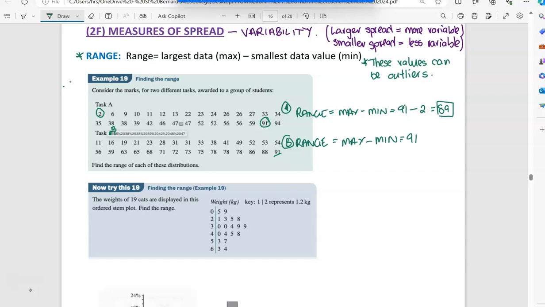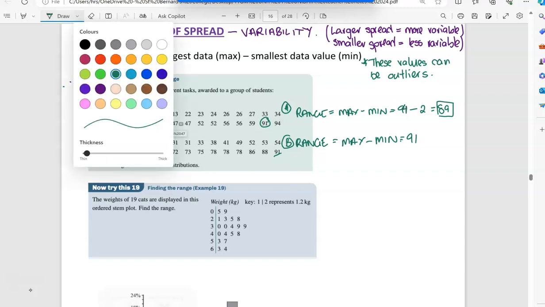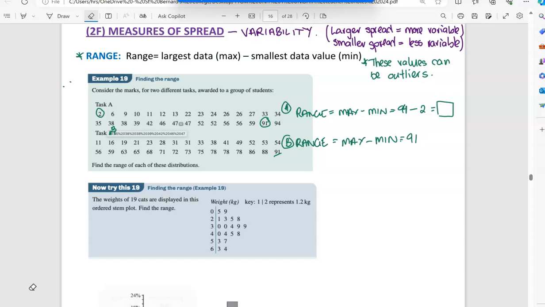Oh, sorry, so 94 minus 2 in the first one. We missed the biggest, so let's add that one. So that's 92. The second, in task B, the largest is 91, and the smallest looks like 11. Am I correct? 11? Yeah. So 80 is the range.